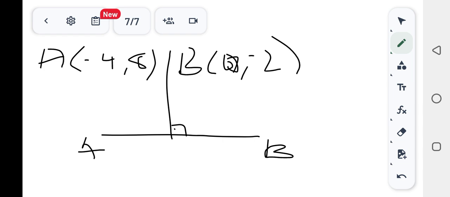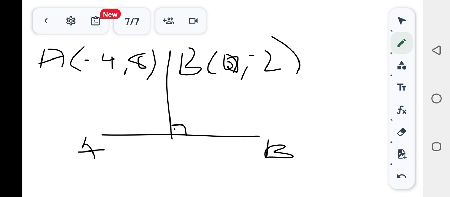Anytime you want to find the equation of a straight line, you need a point on it and the gradient of it. In this case, we can use line AB to find the gradient of the bisector, because the bisector is perpendicular to AB, and the point on the bisector is the midpoint of AB.